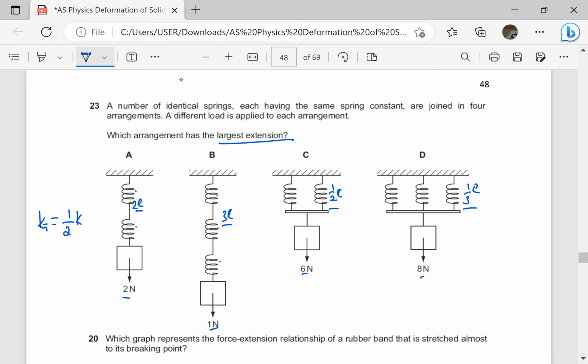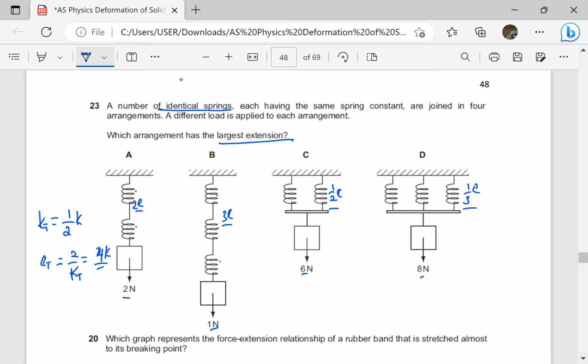And if a load of 2 Newton is applied, then the total extension, remember, is going to be the load over the total constant. So total extension is going to be 2 divided by a half k, which becomes 4 times k.